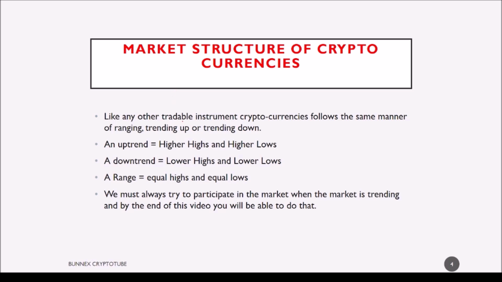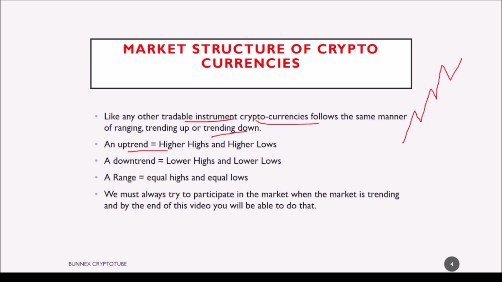Like any other tradable instrument, cryptocurrencies follow the same manner of ranging, trending up or trending down. So an uptrend is basically a market which is presenting higher highs and higher lows, higher highs and higher lows, like that.